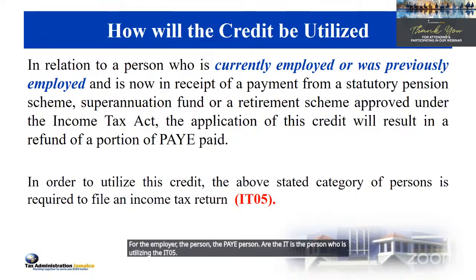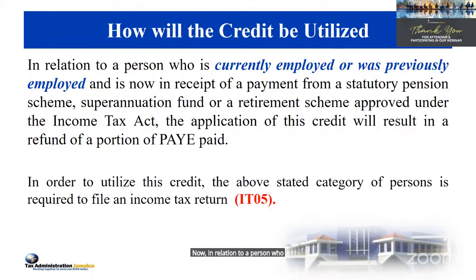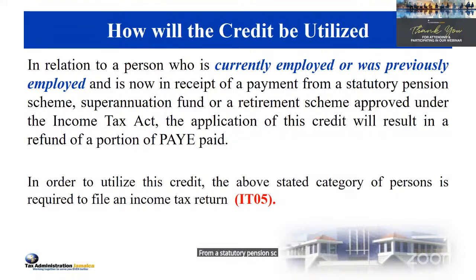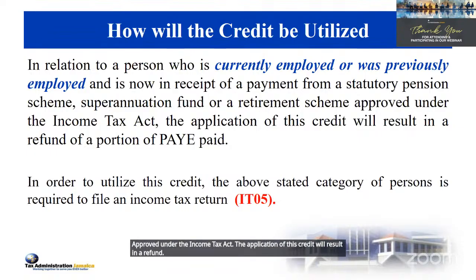Now, in relation to a person who is currently employed or was previously employed and is now in receipt of a payment from a statutory pension scheme, superannuation fund, or a retirement scheme approved under the Income Tax Act, the application of this credit will result in a refund of a portion of the PAYE.